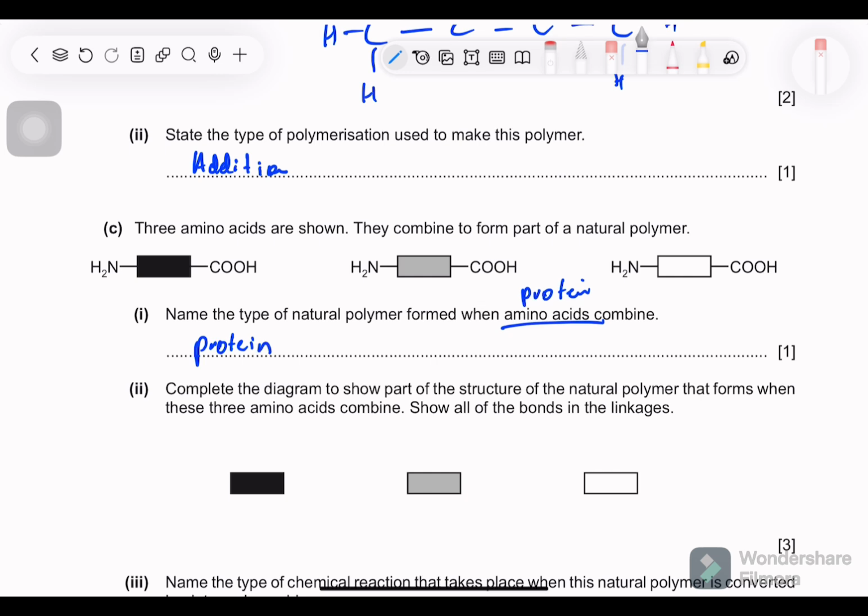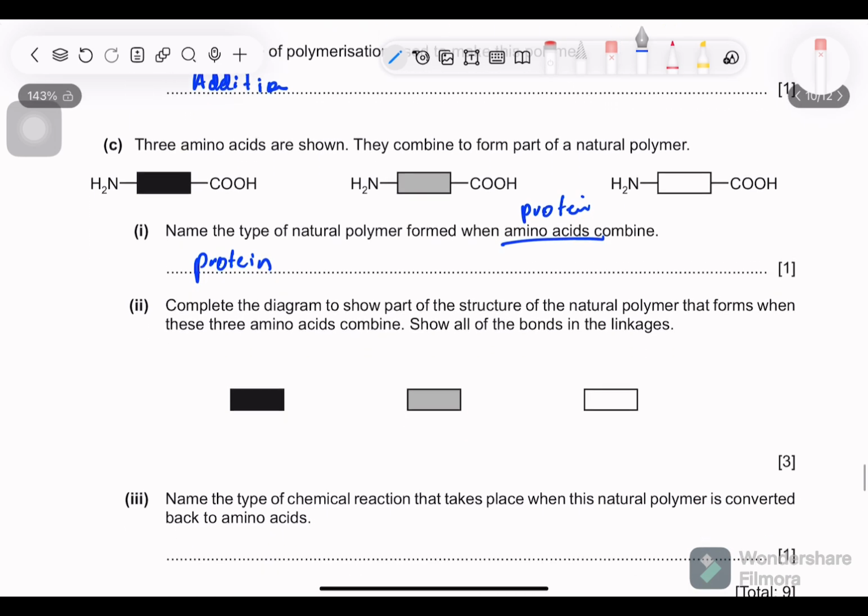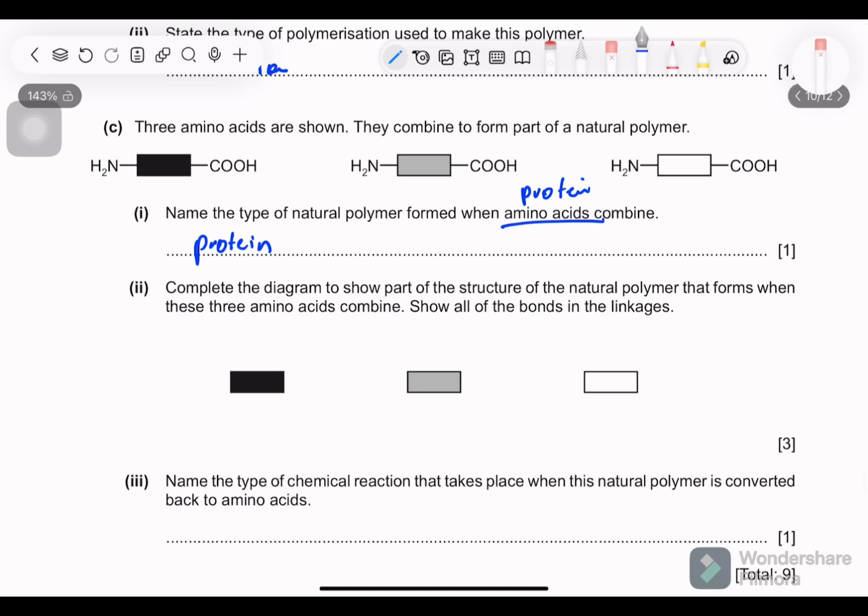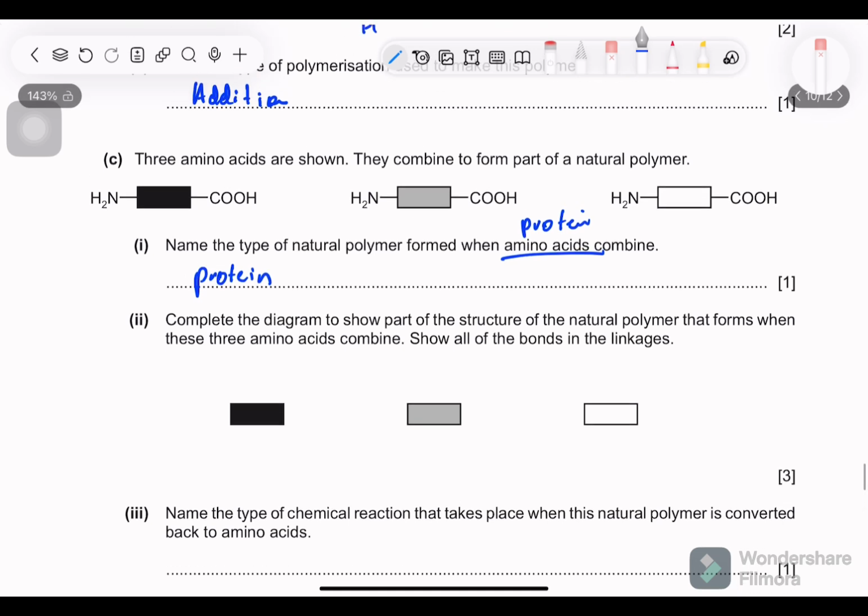Complete the diagram to show part of the structure of the natural polymer that forms when these three amino acids combine. Show all of the bonds. Okay, so in this what will happen is this is basically NH2, right? So in this H and this OH again, they escape and water is formed, and this CO is then directly bonded to the N, and this H remains with the N, and this continues on in every monomer.